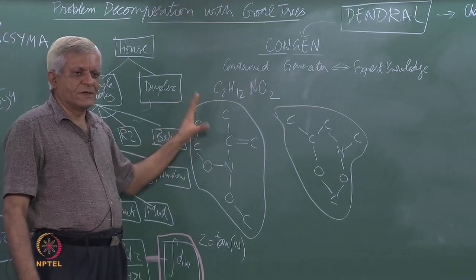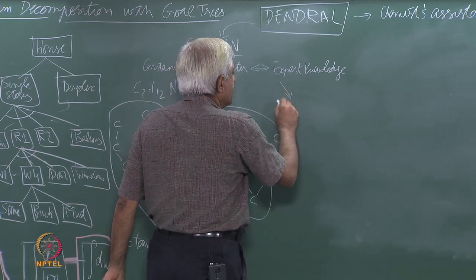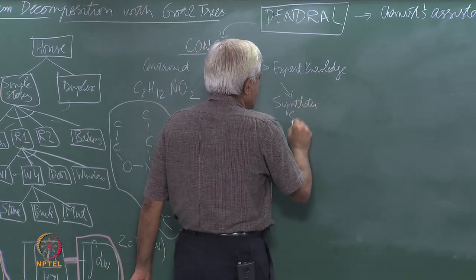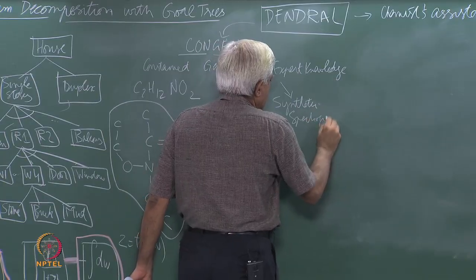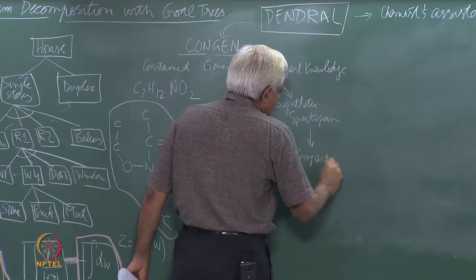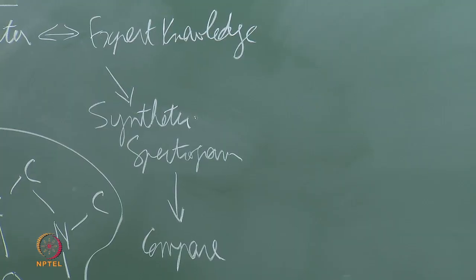So, that is where expert knowledge came in. After Khanjan you produce a synthetic spectrogram, compare with real, and then you can decide whether you have found the structure of the material or not.